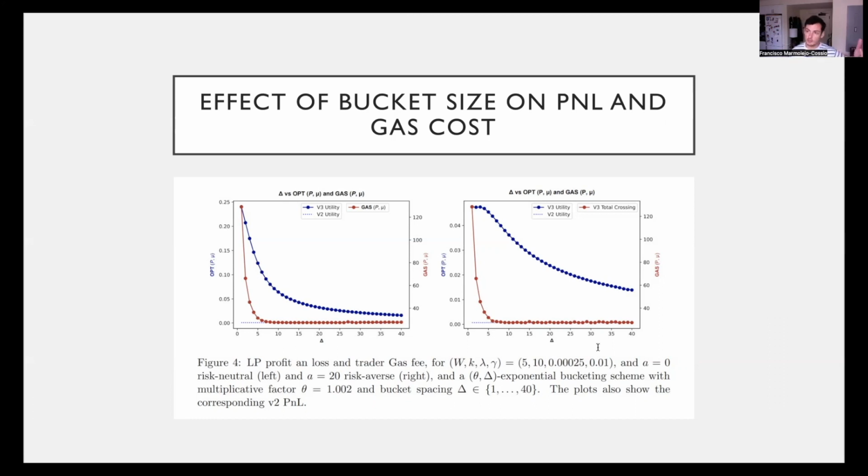But at the same time, the red plot also goes up, meaning there are more crossings. Again, this is what we expected. On the other hand, as the delta parameter increases, we see decreased profit and loss, but decreased crossings. In the limit, it approaches the dotted line, which is the profit that you would get for a V2 position.